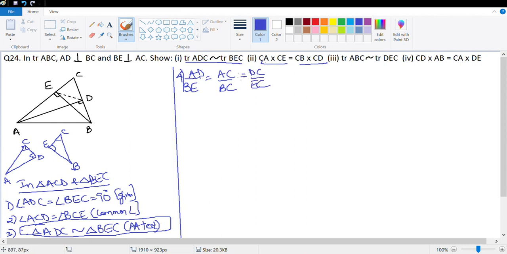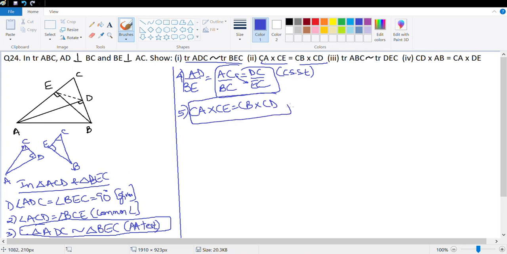They want CA into CE, so I will take this, and this is CSST. Let me just cross multiply. What I get is CA into CE is equal to CB multiplied with CD. Perfect. So that's the second part of the question, hence proved.